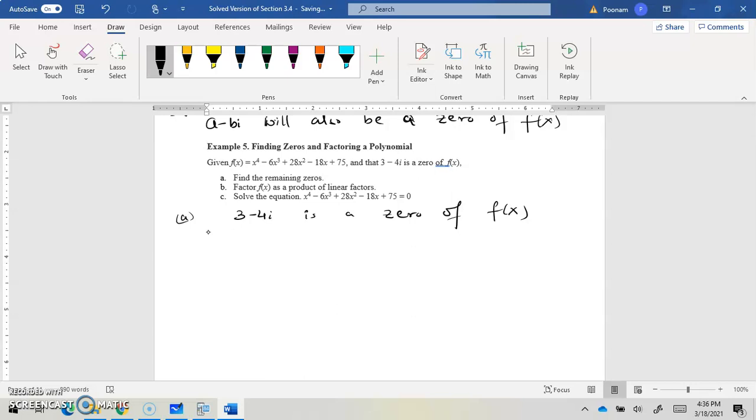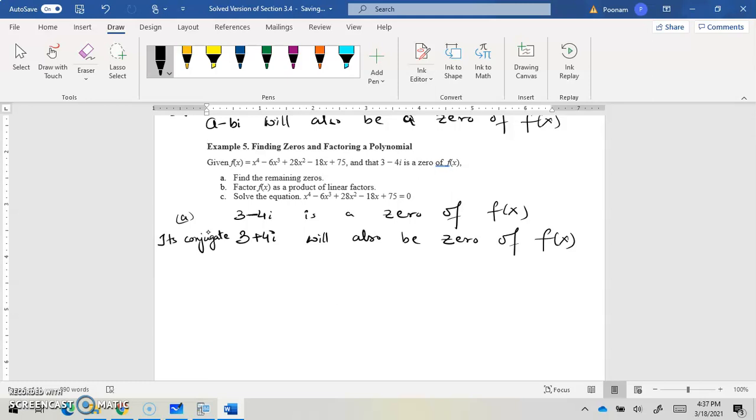How do you write the conjugate? Conjugate means just change the sign of the complex part. So 3 plus 4 iota, its conjugate, will also be a zero of the function.